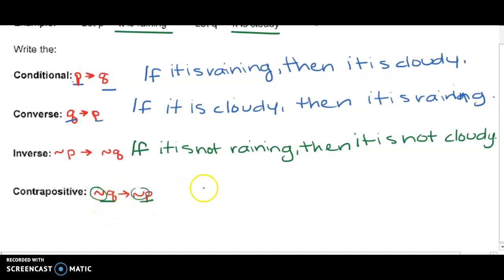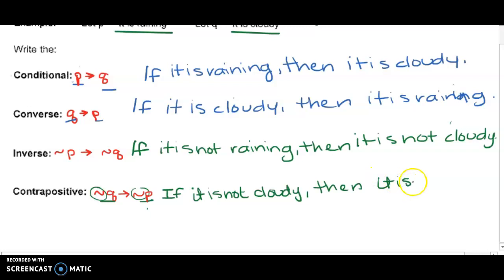So this is if not Q, then not P. If my not Q is, it is not cloudy, so if it is not cloudy, comma, then my not P comes in, so it is not raining. So that would be an example of how the conditional, converse, inverse, and contrapositive are the same, but yet very, very different.